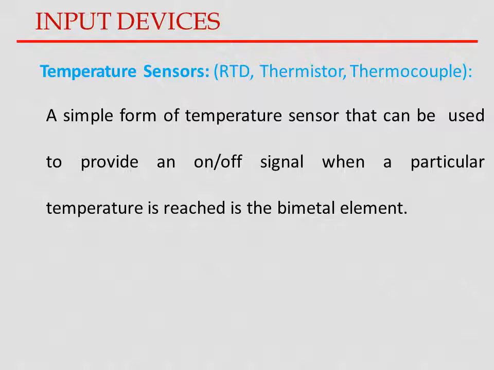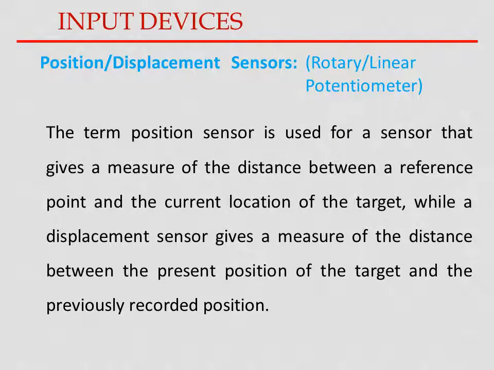The next category of input devices is temperature sensors, and the examples of temperature sensors are RTD, thermistor, thermocouple. A simple form of temperature sensor that can be used to provide an on-off signal when a particular temperature is reached is the bimetal element. Next, position or displacement sensors such as rotary or linear potentiometer.